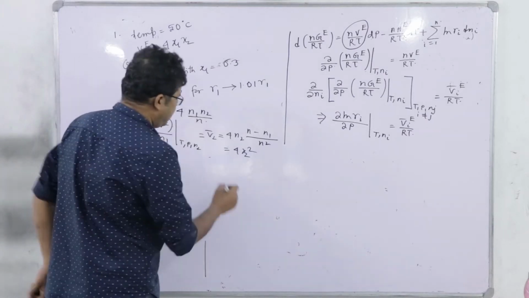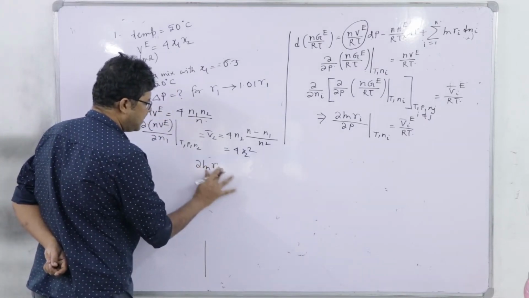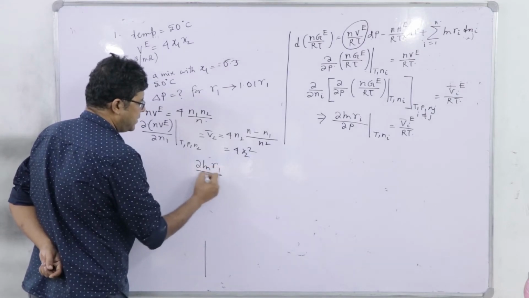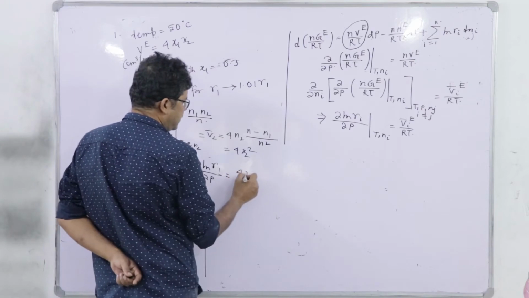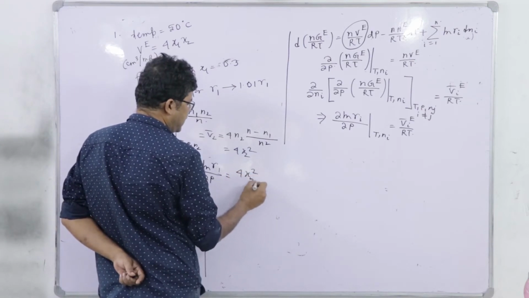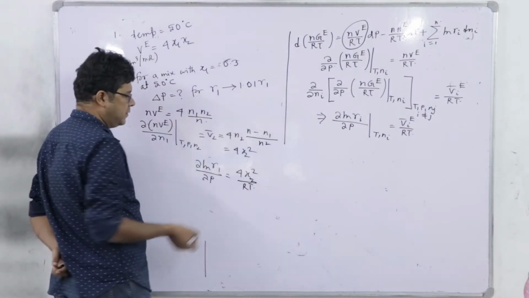Now you see, del ln gamma 1 del P is equal to 4 into x2 squared divided by RT. So now my problem is solved.